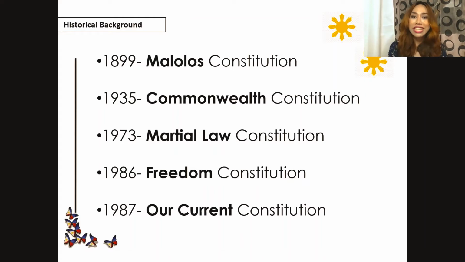Then it was only in 1935 that the constitution was submitted to the President of the United States for his approval. And it was on May 14, 1935 that the Commonwealth Constitution was ratified by the Filipino people.